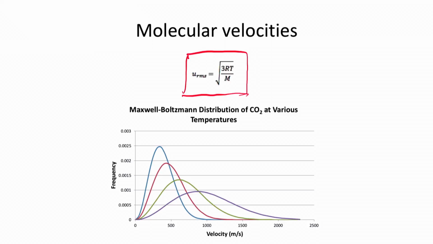When you're using this formula, you have to be a little bit careful because the velocity is typically given in units of meters per second, but the R here that we're going to be using is 8.314 joules per mole Kelvin. Temperature has to be in Kelvin, and the molar mass is going to be in grams per mole.